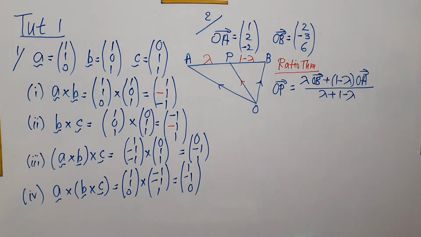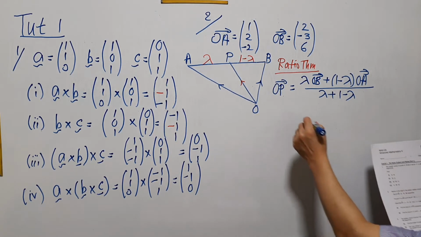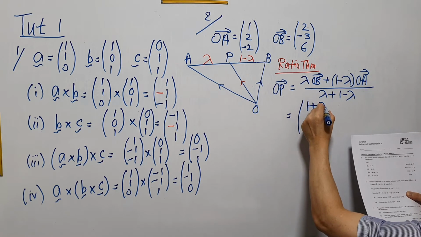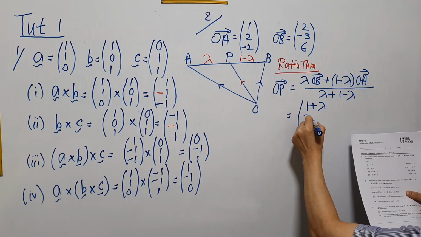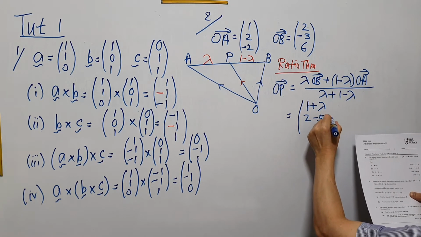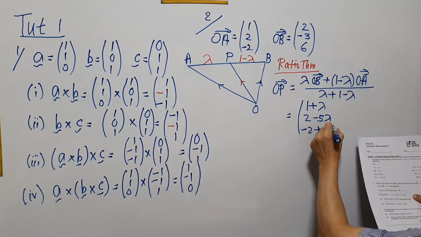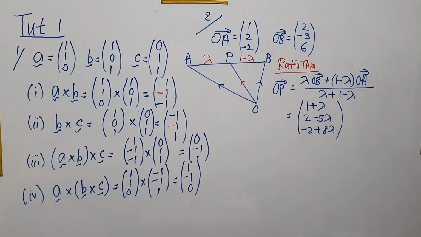Okay, so if you plug in your OB and your OA, and then tidy them up, you will eventually get this for OP. You get 1 plus lambda, 2 minus 5 lambda, and then minus 2 plus 8 lambda. You just have to plug it in.